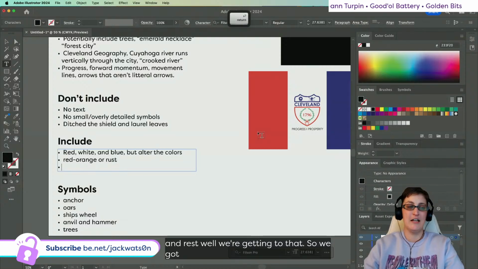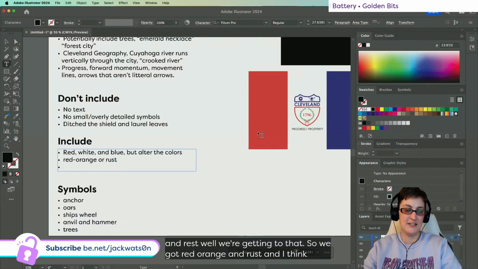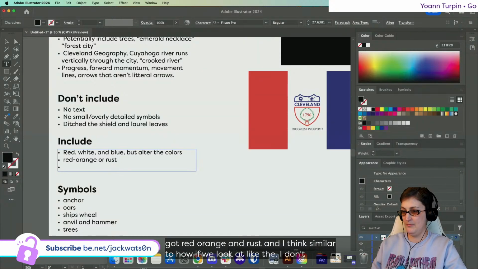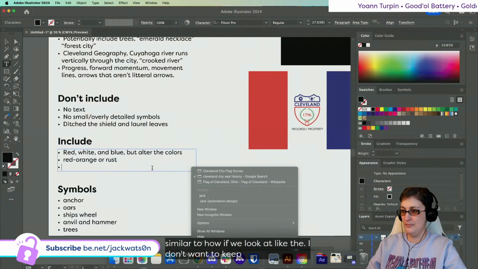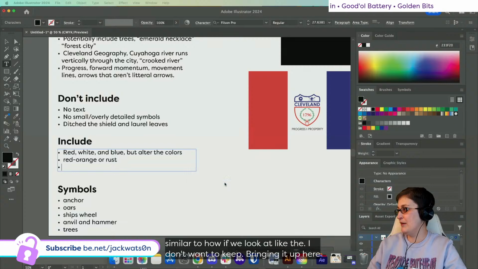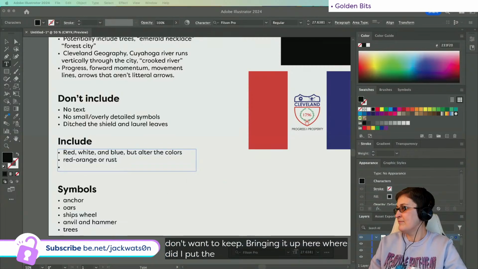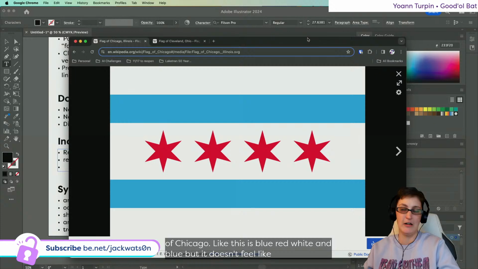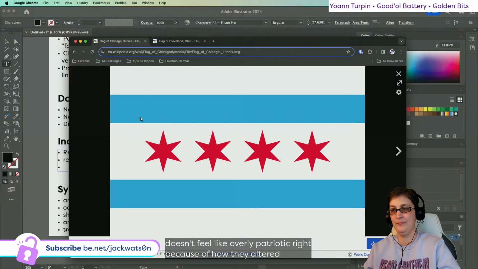So we got red, orange, and rust, and similar to how, if we look at the, I don't want to keep bringing it up here, where did I put the flag of Chicago? This is red, white, and blue, but it doesn't feel overly patriotic, right? Because of how they altered the blue here.